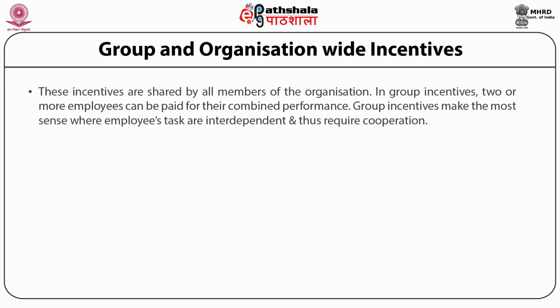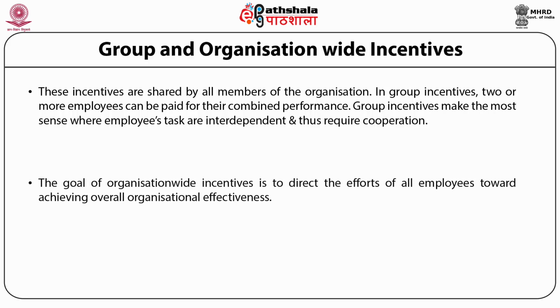Group and organization-wide incentives. These incentives are shared by all members of the organization. In group incentives, two or more employees can be paid for their combined performance. Group incentives make the most sense where employees' tasks are interdependent and thus require cooperation.